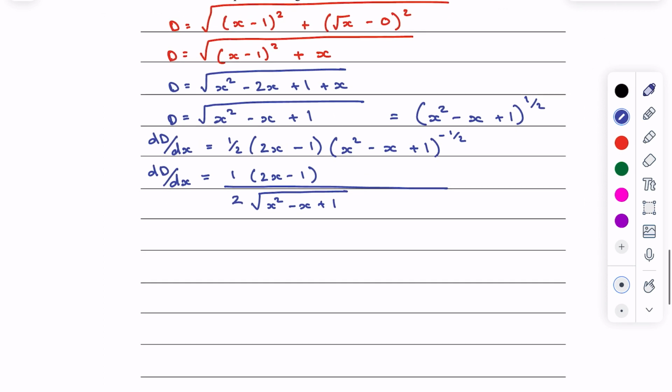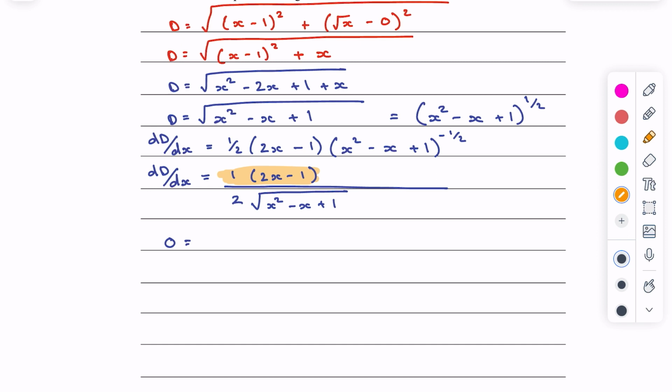We're looking for the minimum distance, therefore we're optimizing. We're going to make dD/dx equal to 0. If I'm making that equal to 0, I want us to really understand that for that term to equal 0, the numerator is going to equal 0.